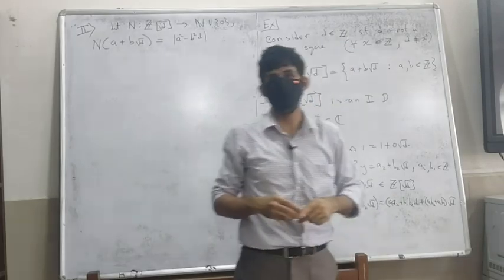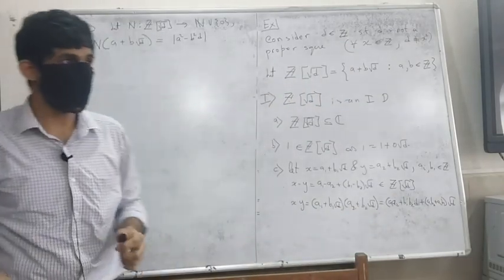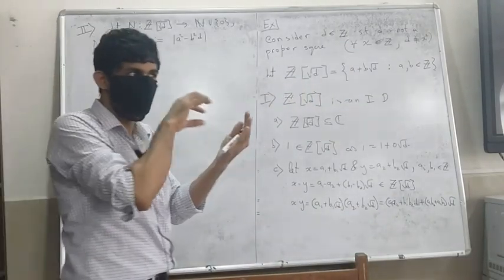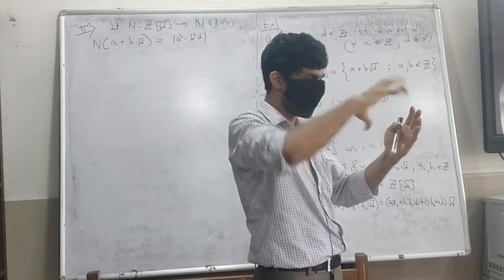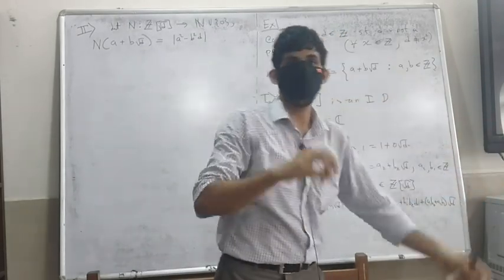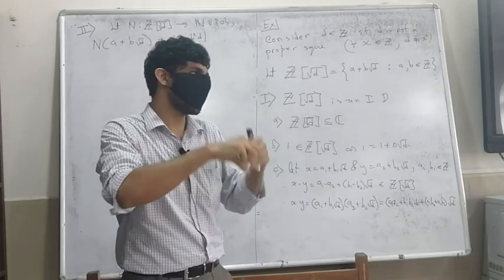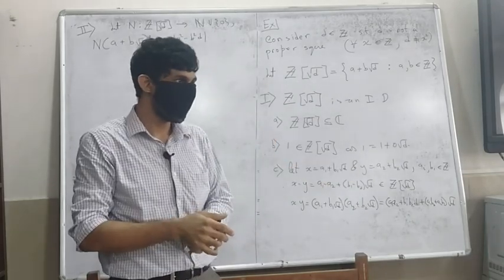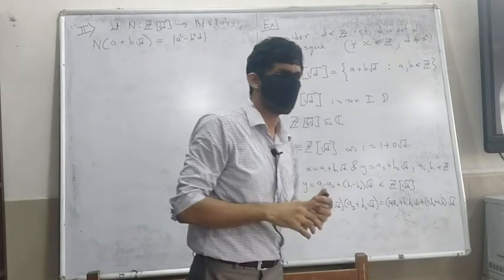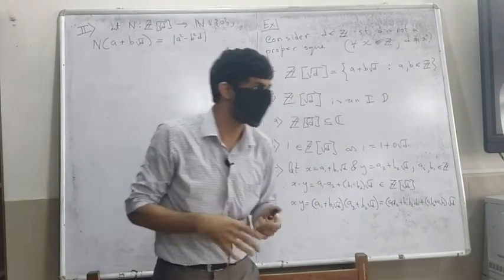You can show in fact that Gaussian integers are Euclidean domains. So the smallest among all of them, right? Euclidean domains, PIDs, UFDs. Since it's a Euclidean domain, it will also be a UFD. So a nice interesting question would be, how do you factorize in Gaussian integers?